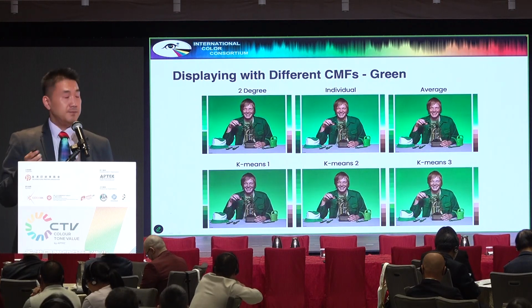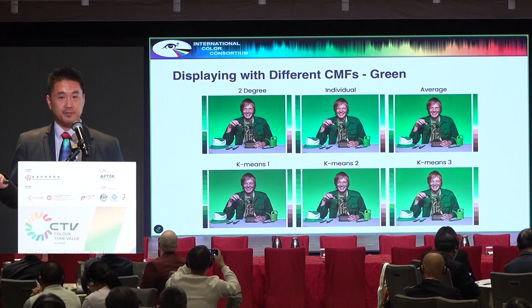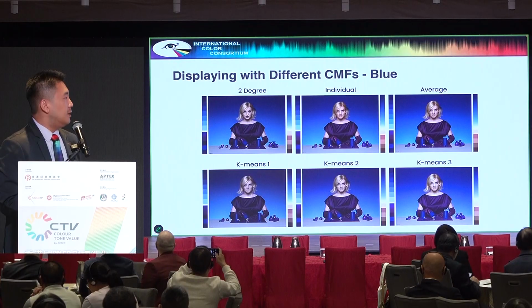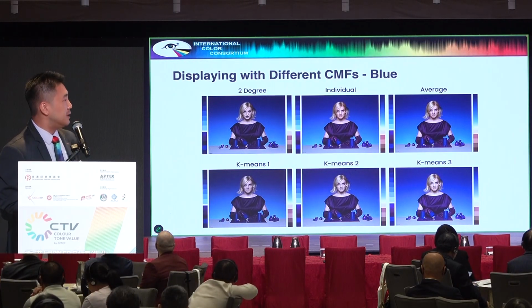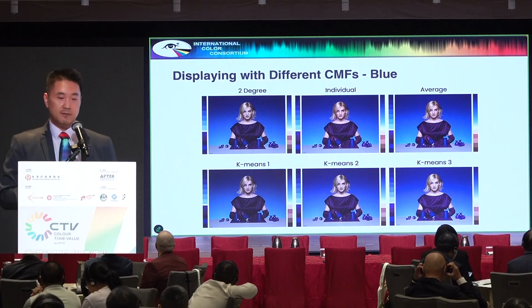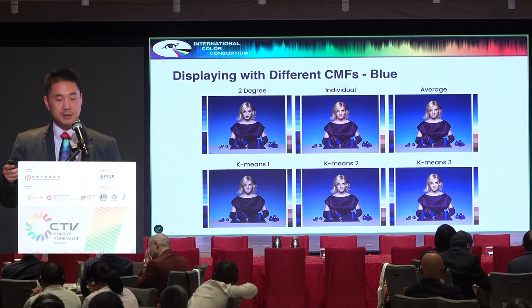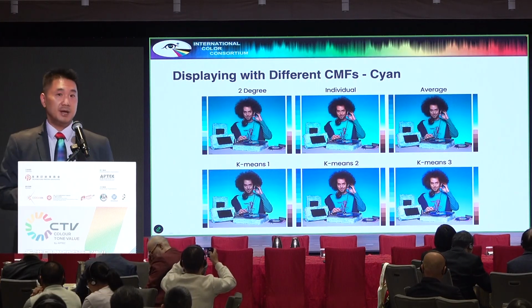So these are the green. You can definitely see some differences in the green and the blue. The blue is less pronounced here, and I believe the green is very, very saturated, so we'll see less difference here. But the cyan, you can definitely see a lot of difference in the cyan area.